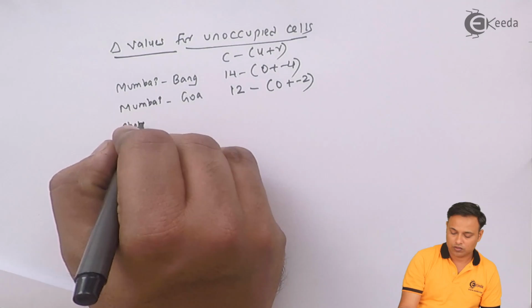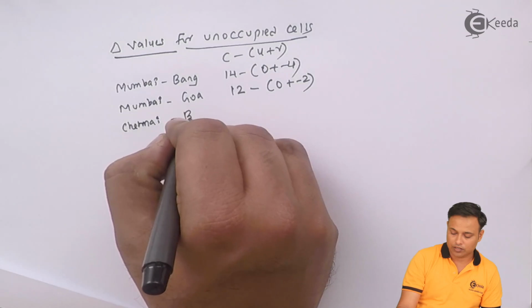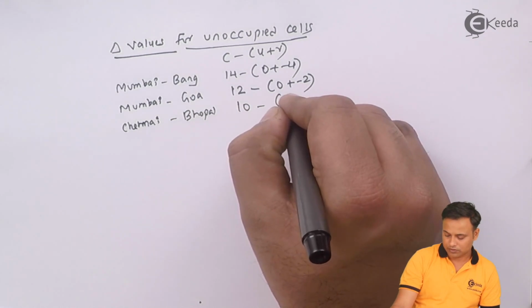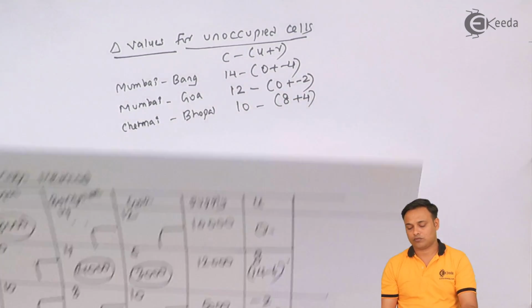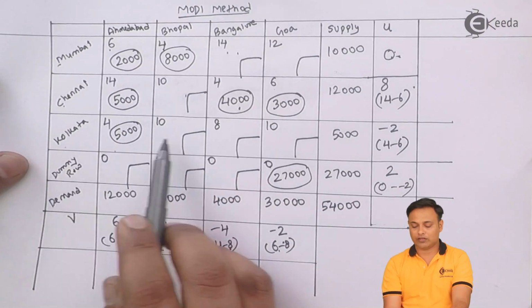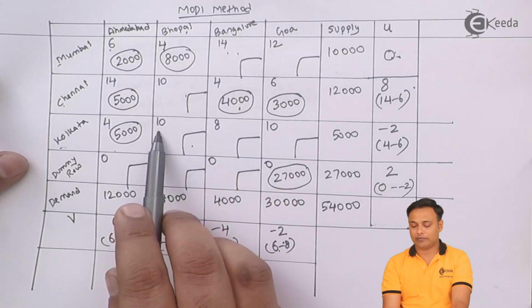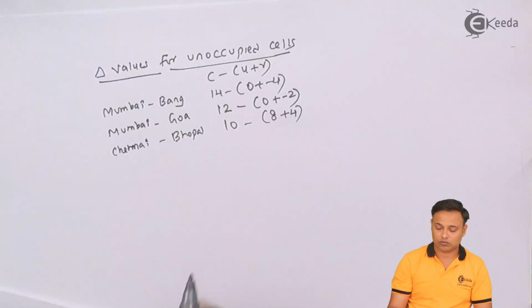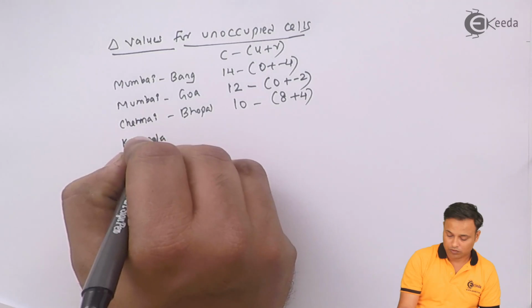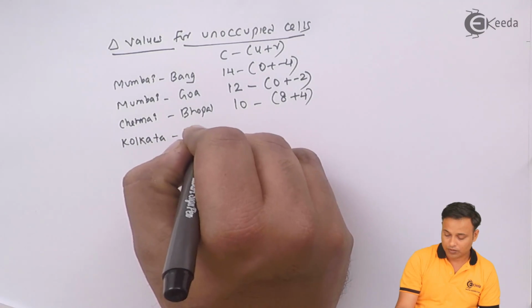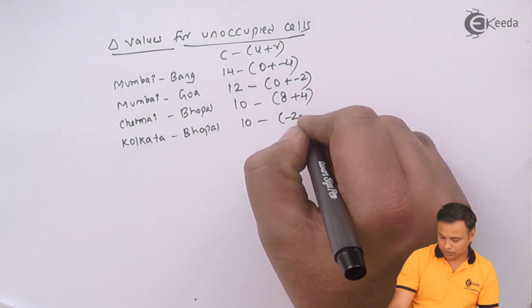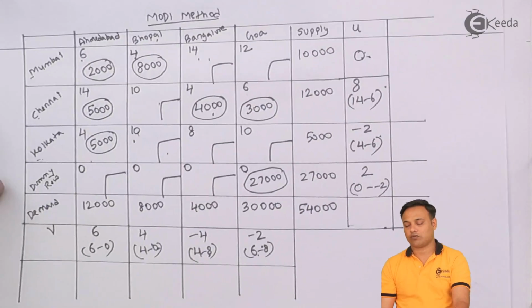Chennai Goa is already occupied, then we have this unoccupied cell, Kolkata Bhopal: 10 minus minus 2 plus 4.